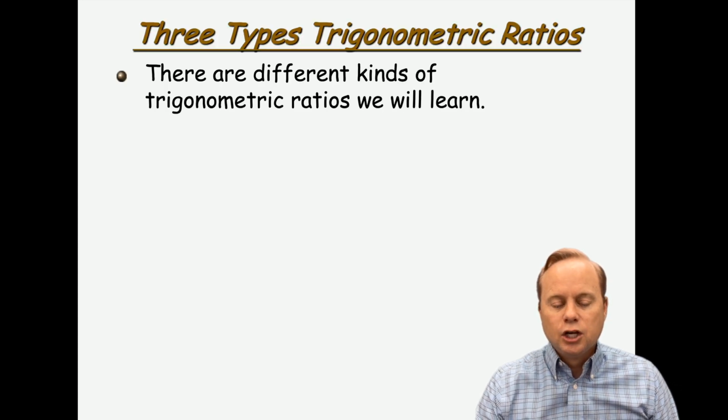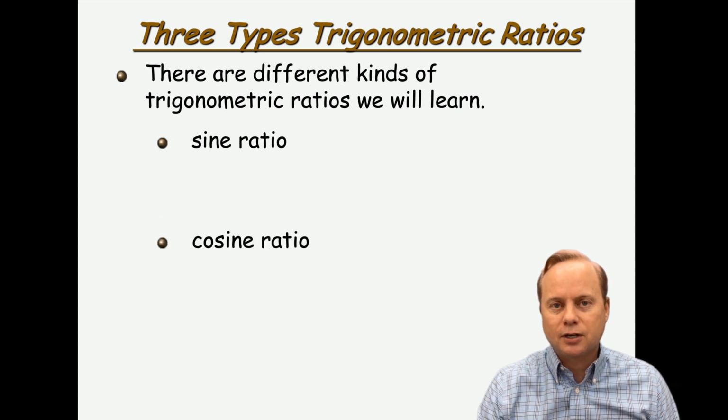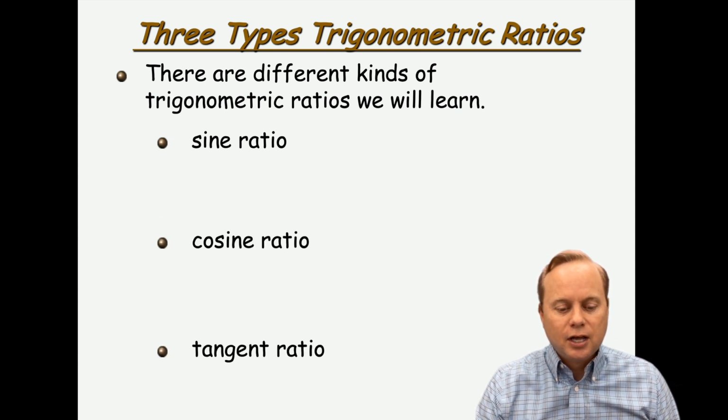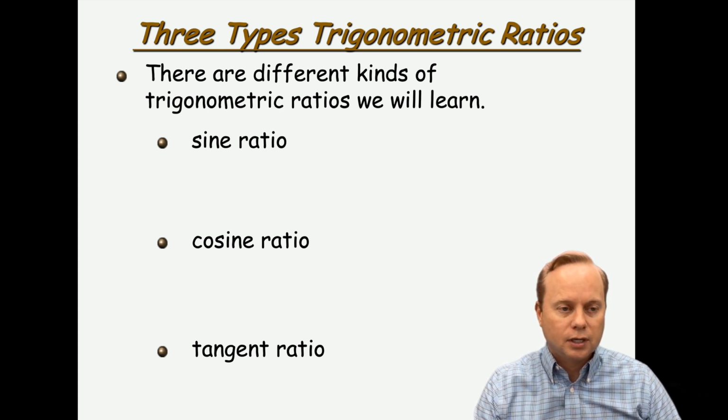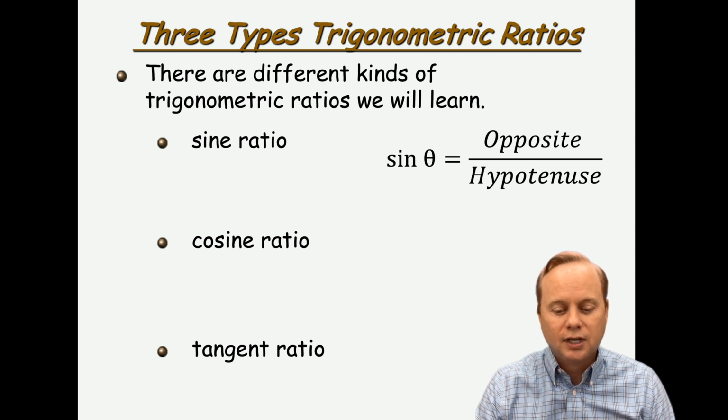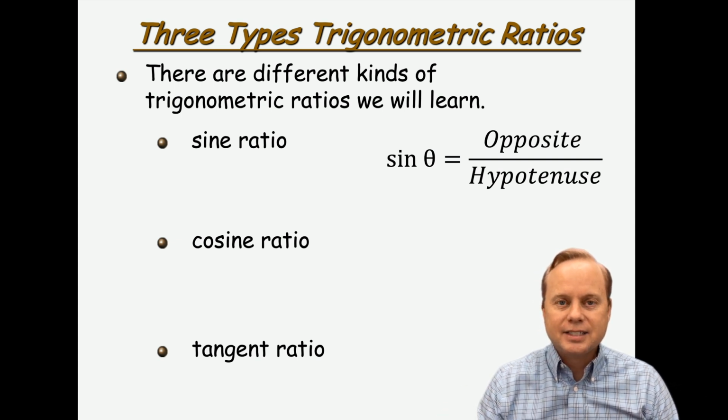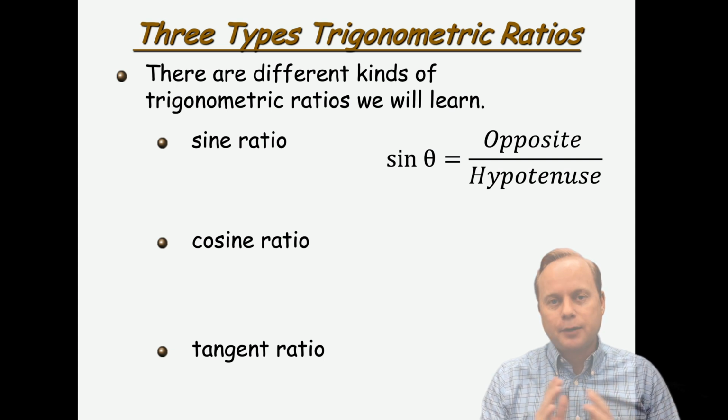All right. So there are three different types of ratios that we need to learn. We've got the sine ratio, cosine, and tangent. Of course, we write these in like a little code, if you will. We refer to it as sine, S-I-N. This is not sin. There is no sinning in mathematics. It's just sine. And sine is the opposite side divided by the hypotenuse.